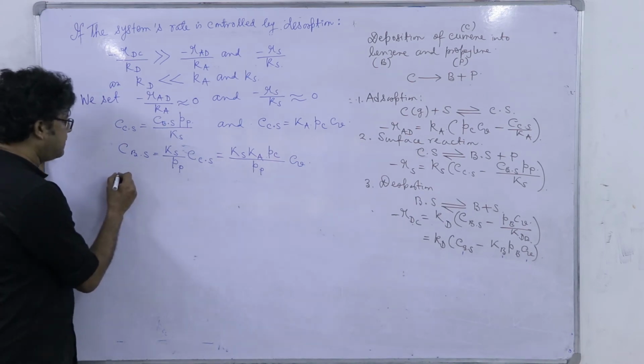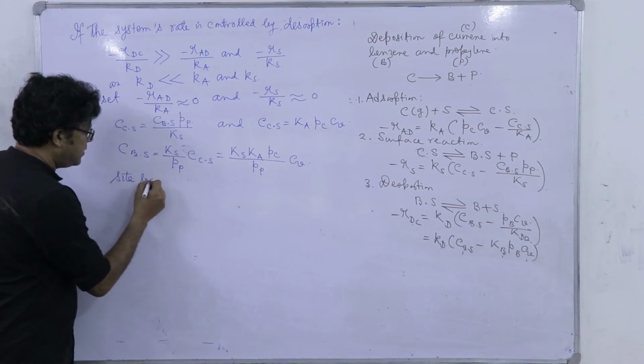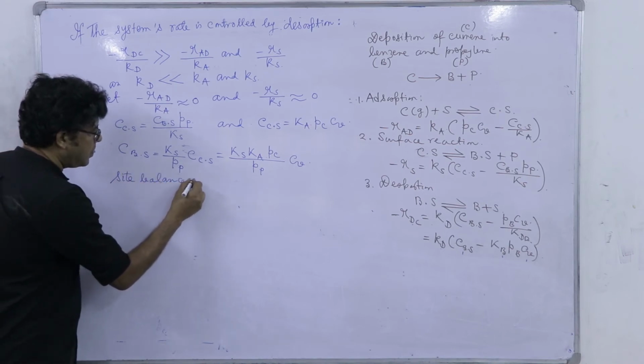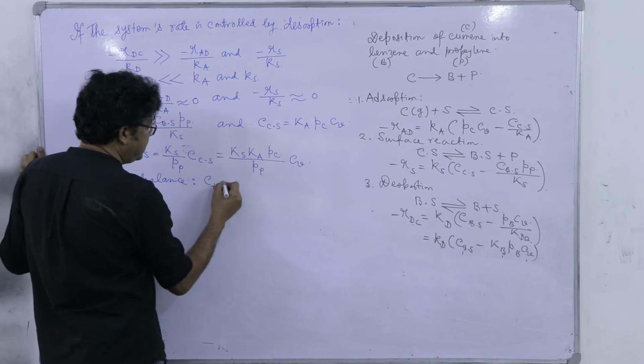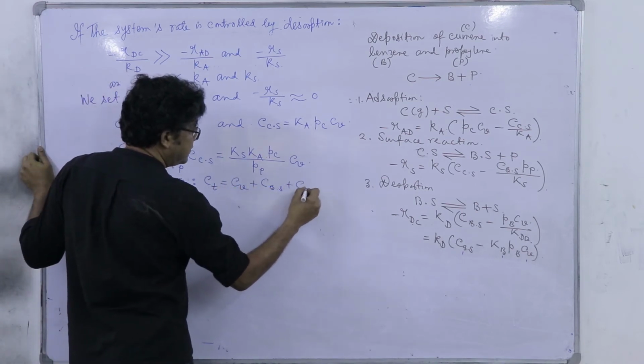So, next, the site balance. Ct is equal to Cv plus Cb·S plus Cc·S.